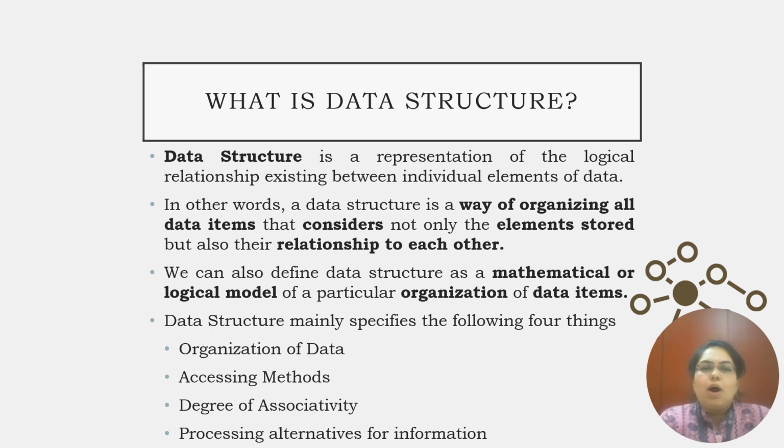If we talk about the accessing methods, we could have different methods using which we can access our data. It could be sequential, direct, or indexed. Each method has its own advantages and disadvantages. So deciding on one or another, depending on the types of applications or nature of the data, we can use any of them.